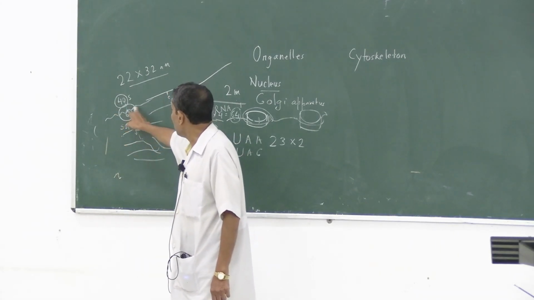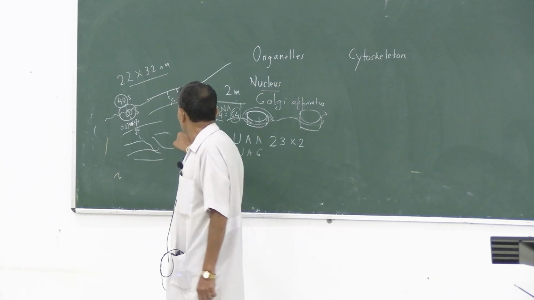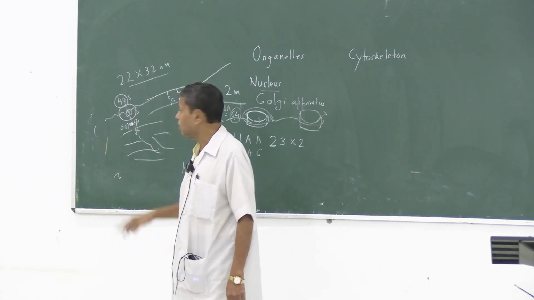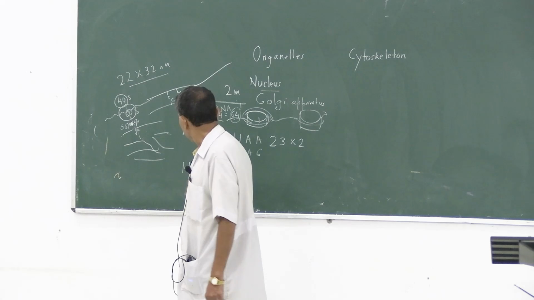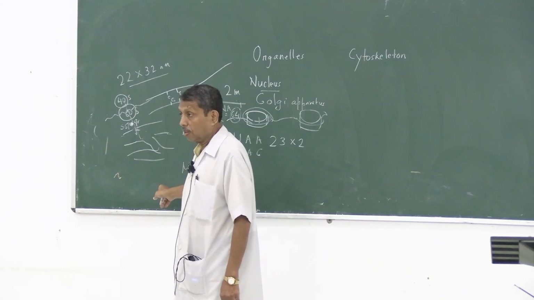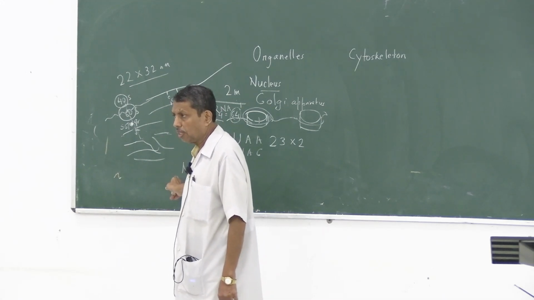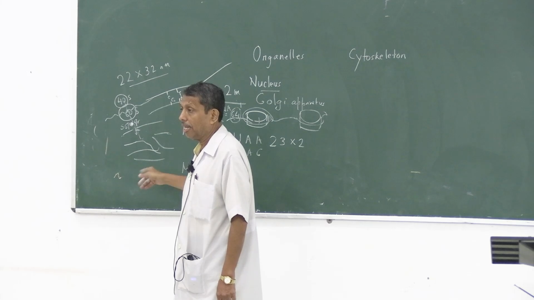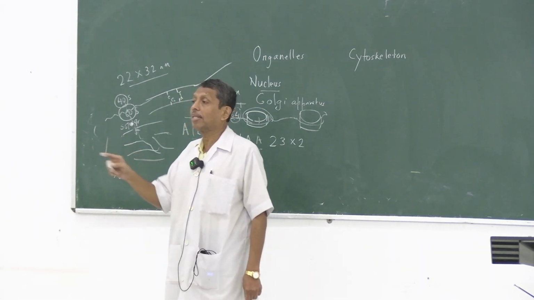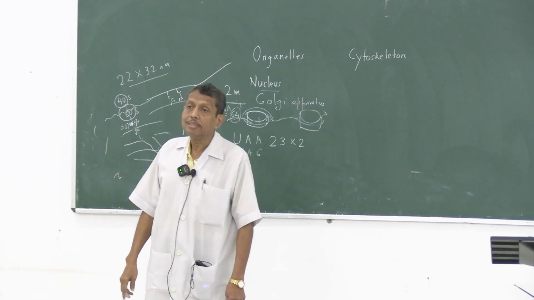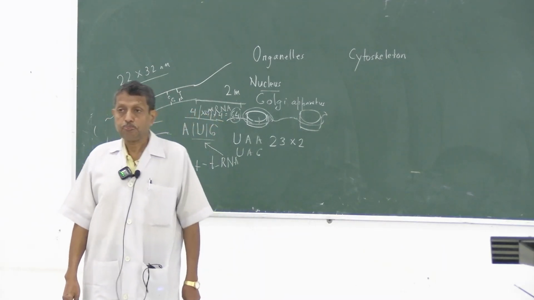And the mRNA contains these codes, and these codes are recognized by the tRNAs. The tRNA contains phosphate groups, and enzymes are there for their activation. And in this way, one after another, a peptide chain is produced.